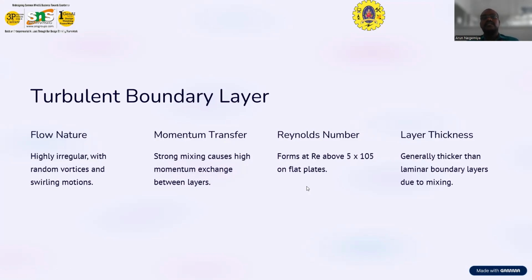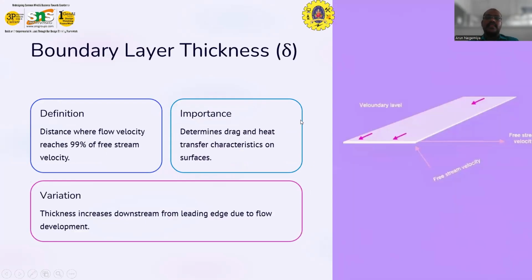It is the distance from the surface where the fluid velocity reaches approximately 99 percent of the free stream velocity. That is called the boundary layer thickness. It can be classified into three types.